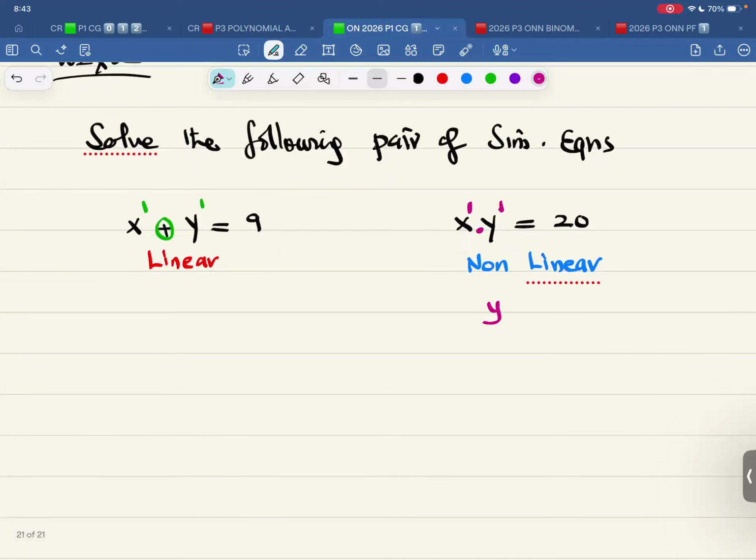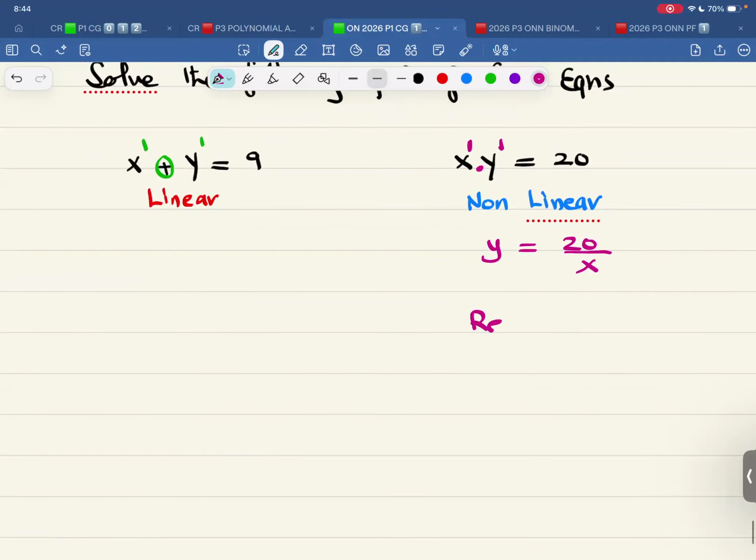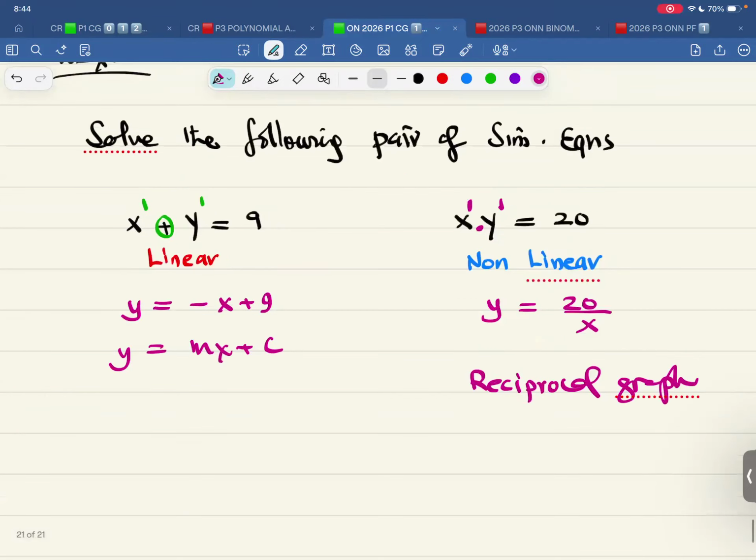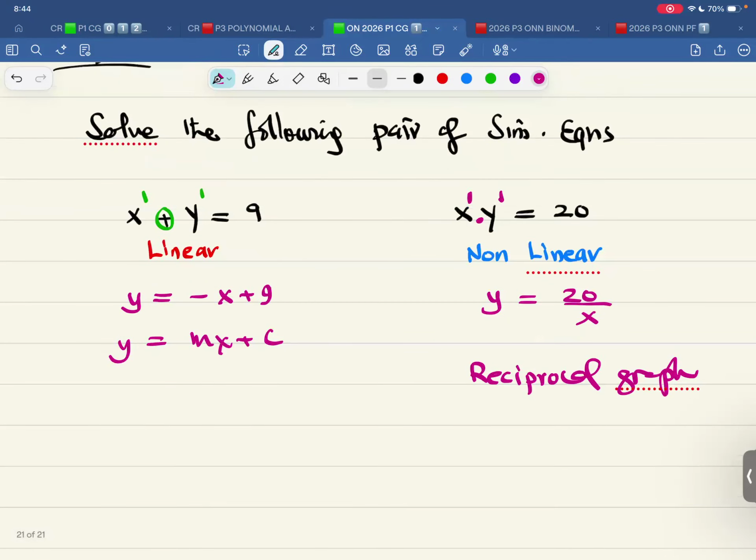So technically, this thing is y is equals to 20 over x. This is a reciprocal graph, which you have studied in O-level maths. Reciprocal function. And this one is y is equals to minus x plus 9. This falls into the category y is equals to mx plus c. So I hope you understand it loud and clear.